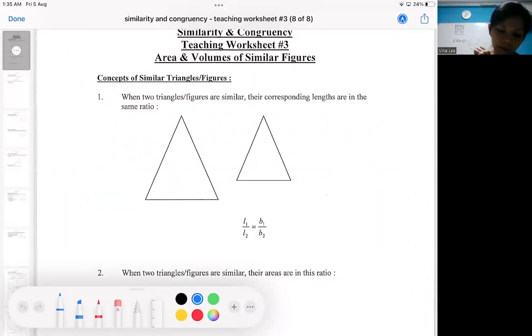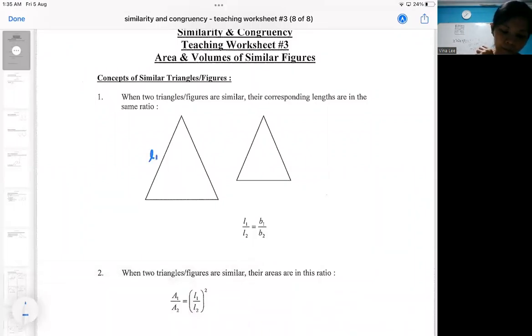Length ratio means if you compare the left over right, it will be the same as when you compare the base over base. It can even be the perimeter.